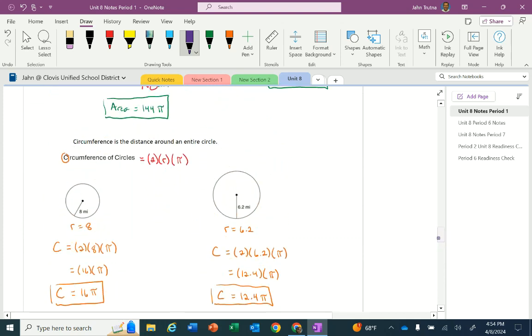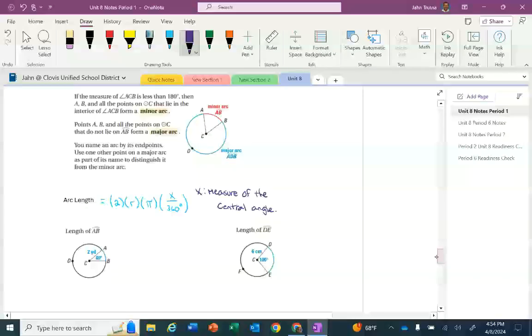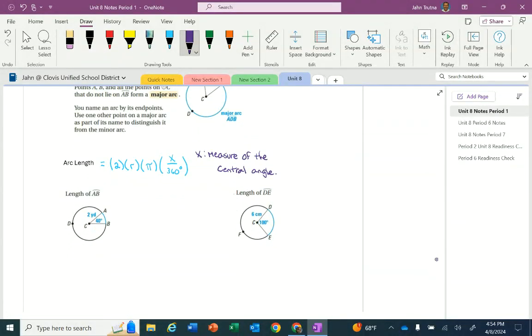Okay? So this formula, if you notice, if you took out the x over 360, it's the exact same formula as circumference of a circle: 2 times radius times pi. But then we multiply that with the fraction x over 360 degrees. 360 represents an entire circle, and x represents the measure of the central angle.